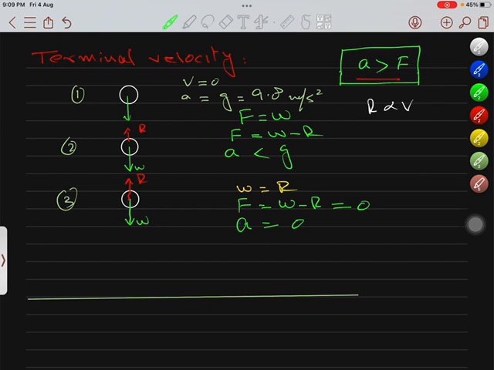And this uniform velocity is called terminal velocity. So at this position, velocity will be uniform and is called terminal velocity.